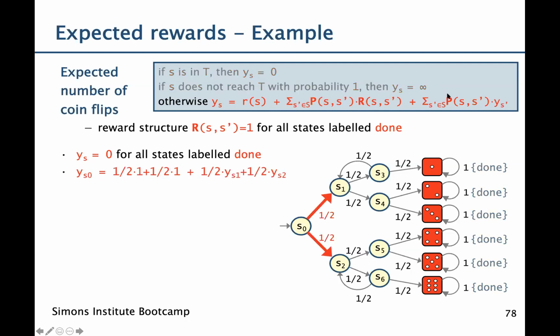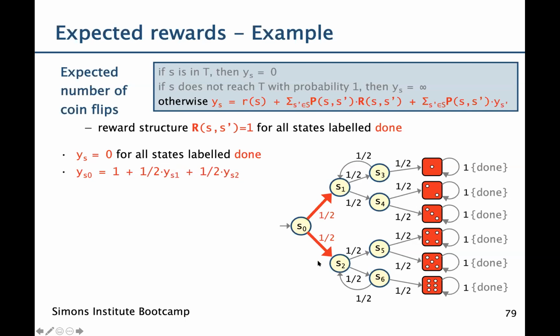And then for the remaining states, let's first look at s0. Here we've got the sum, so there's no state reward, and then it's the average of the transition reward. So it's 1/2 times 1 plus 1/2 times 1, and then we've got 1/2 times the expected reward for S1 plus 1/2 times the expected reward of S2.